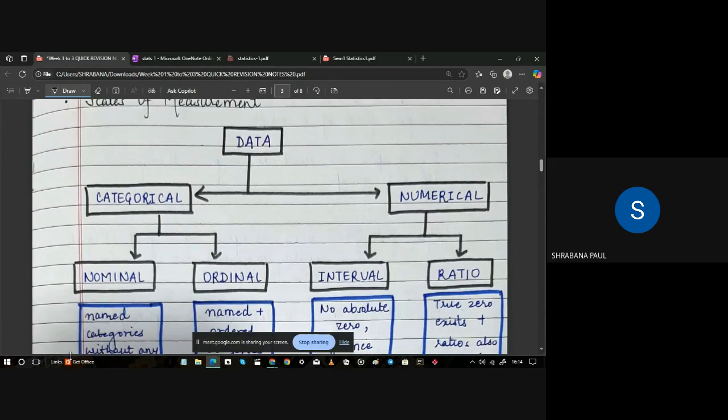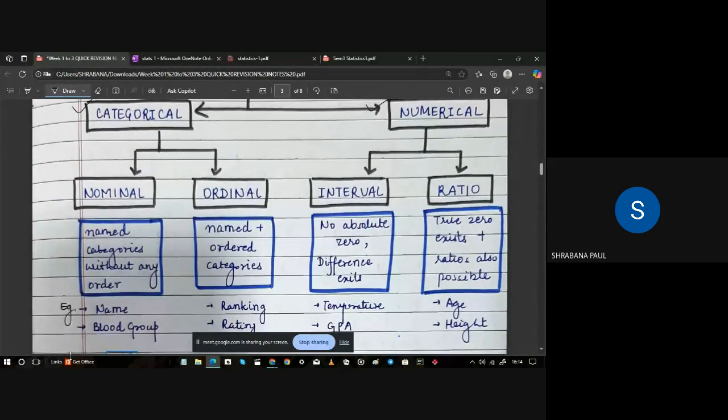Now data. Data, as I said, is categorical and numerical, right? Categorical data can be divided into two broad categories: nominal data and ordinal data. From the word nominal, you can guess that it's related to something named. Named categories.